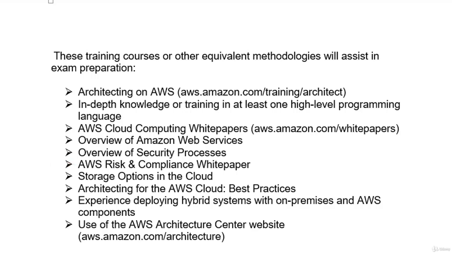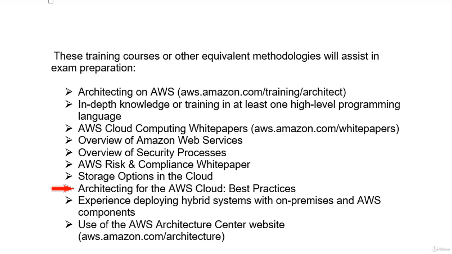That is also available. If you search on Google, you'll get all these details. The storage options in the cloud, you can just go and search for storage options. You'll get some information like S3, Glacier, all these things will be there.